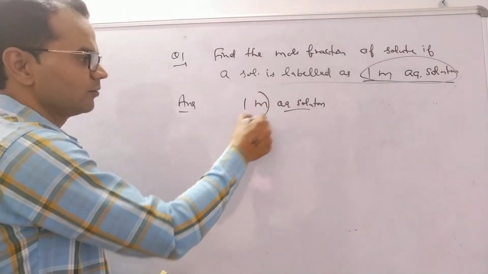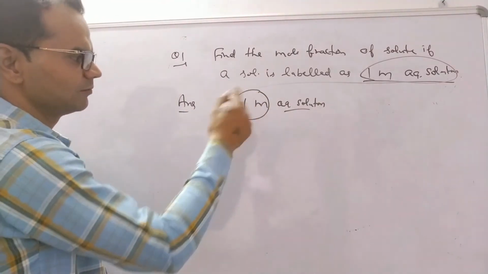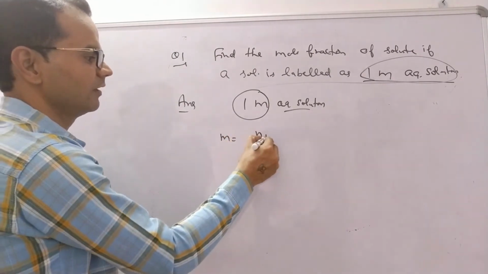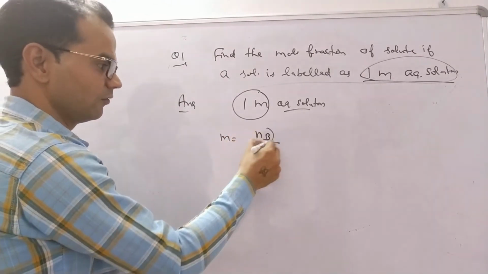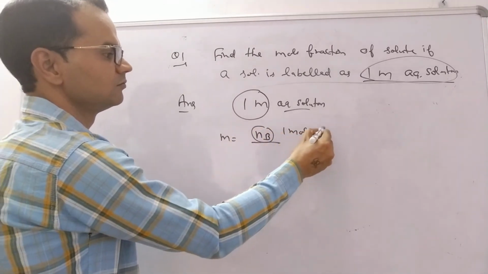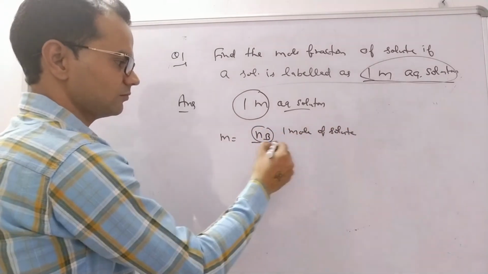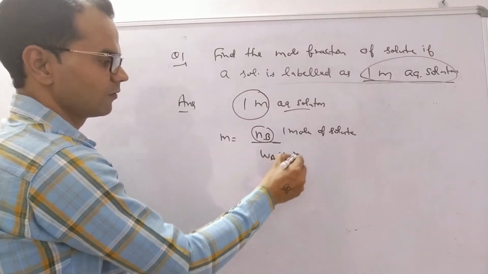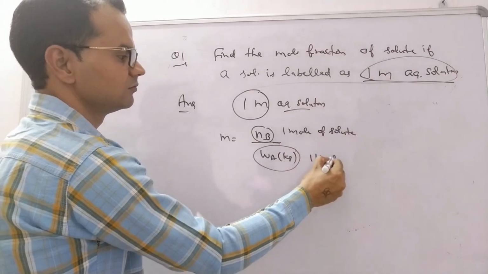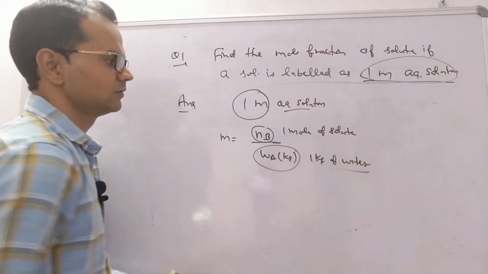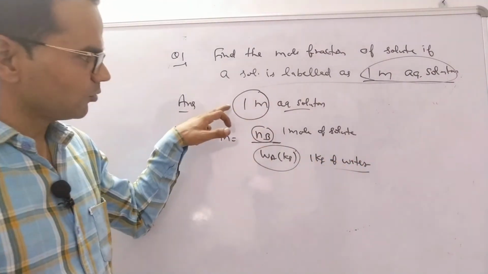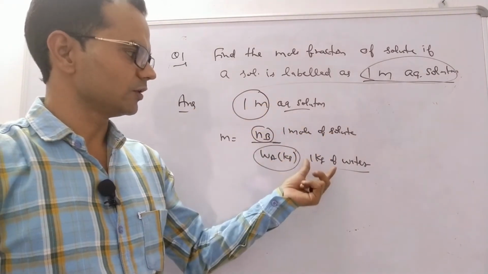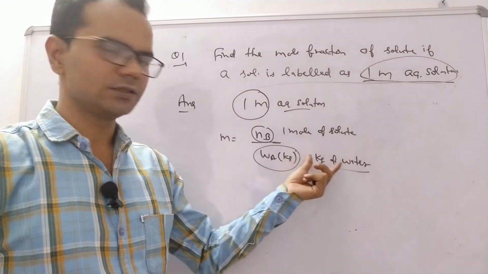What does this 1 molar solution represent? It means molality is 1. Molality is 1 when there is 1 mole of solute present in 1 kg of water.